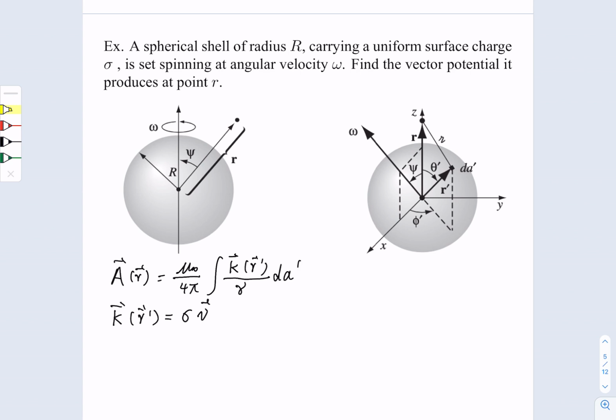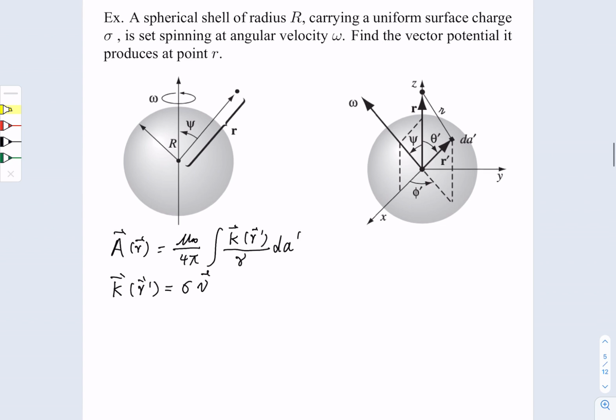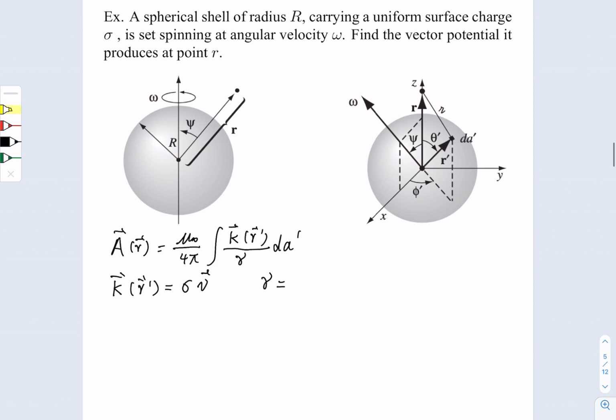Now if we rotate the coordinate system to the one on the right, first we can write down the separation vector. The separation vector is always the distance between the source and the observation point.